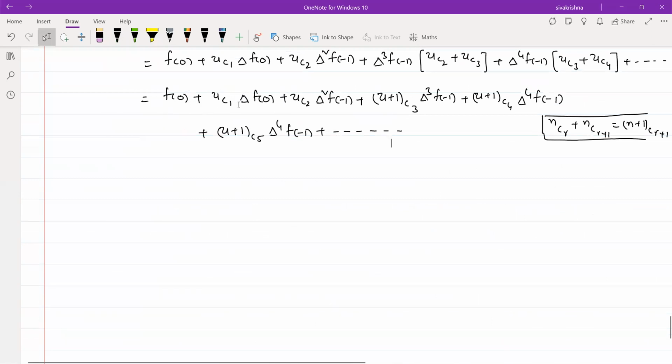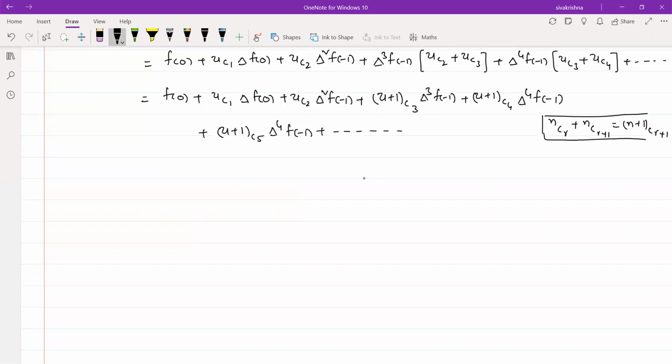From here onwards, what we have to get is u plus 1 c4 into delta power 4 f of minus 2. But here we are having delta power 4 f of minus 1. Once again you have to simplify those values.